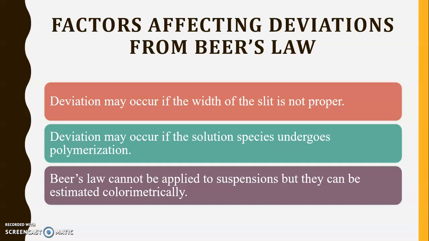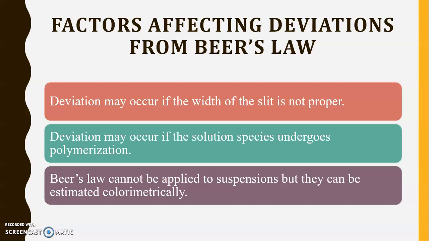That means for that sample analyte we have to prepare the standard curve, and by comparing with this standard curve we estimate the suspension. But by using a suspension we cannot draw a plot between absorbance and concentration. So these are the various deviations that occur in Beer's law.